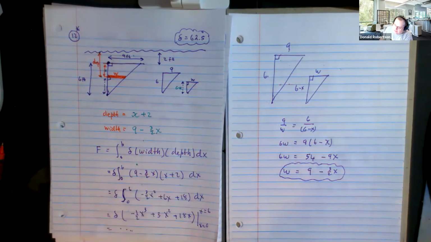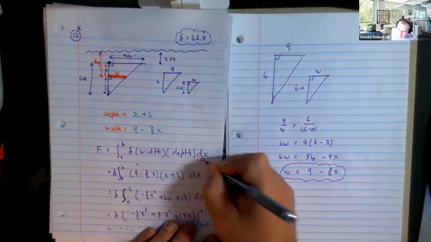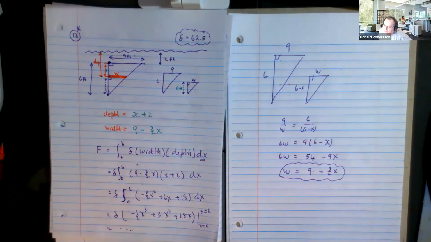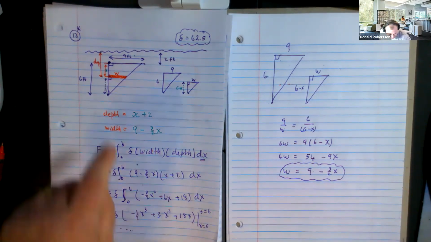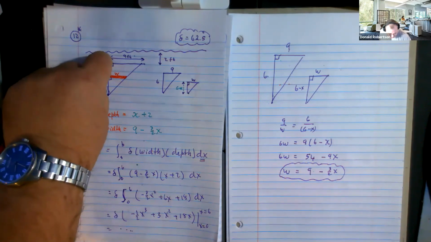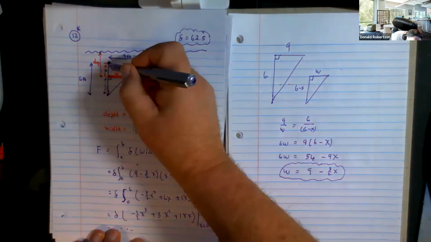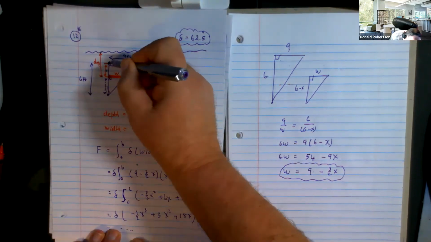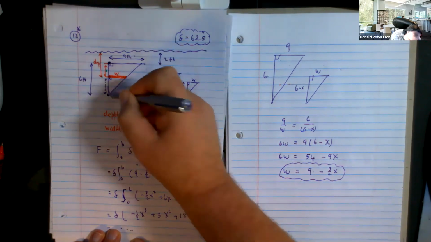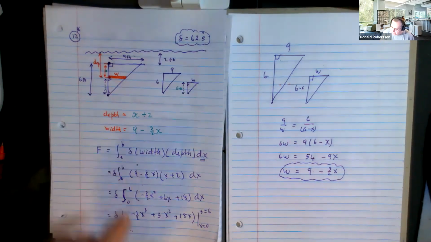What you gain on one side, you lose on the other. So the key here is dx. It's saying what are the range of x's, and in this shape, x starts at 0 because x is the distance from the top to here, right? So x starts at 0 and it finishes at 6 in this case.